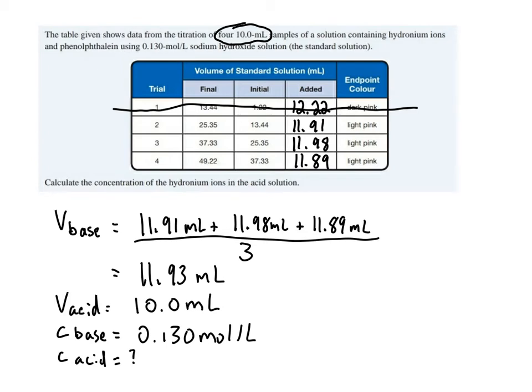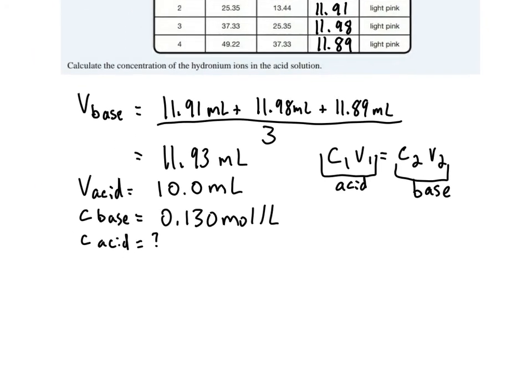If we think about this, we have C1V1 is equal to C2V2. We are solving for the concentration of the acid, which in this case is going to be C1, because remember we said that this side was going to be our acid side and this side was going to be our base side. So let's take a look at how that works out.